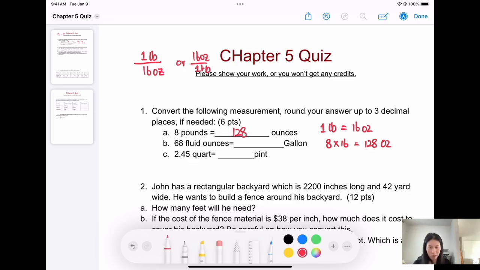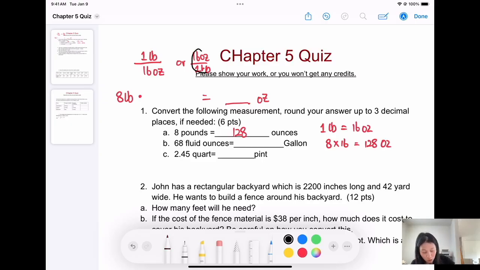Now we need to determine which one we want, because we need to use 8 pounds times something so that our output is in ounces. So we want the ounces on top and the pound on the bottom.